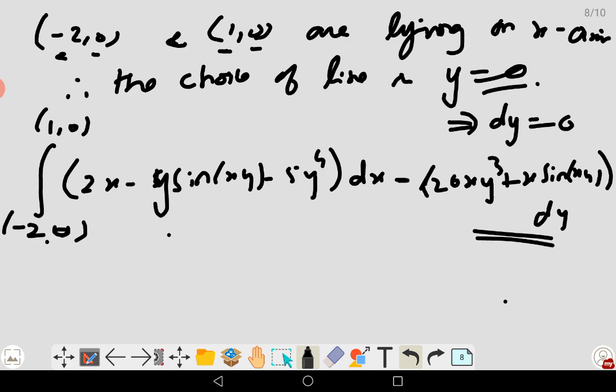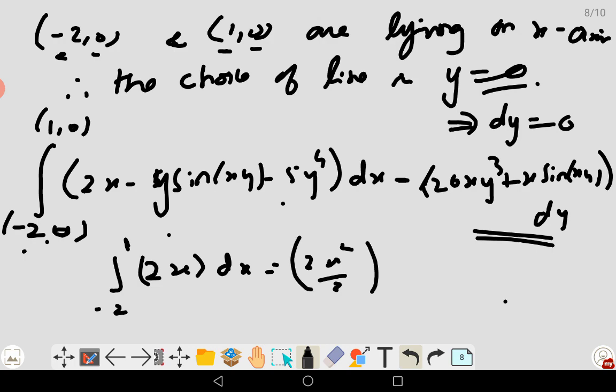The second term will be 0 wherever y comes. So substitute the lower limit minus 2, upper limit 1 for x. 2x, this part y is 0, this part y is 0, everything is 0. So only 2x dx. It will be integration of 2x square over 2 from minus 2 to 1. You can find the answer is minus 3 very easily. So the two problems have been solved.